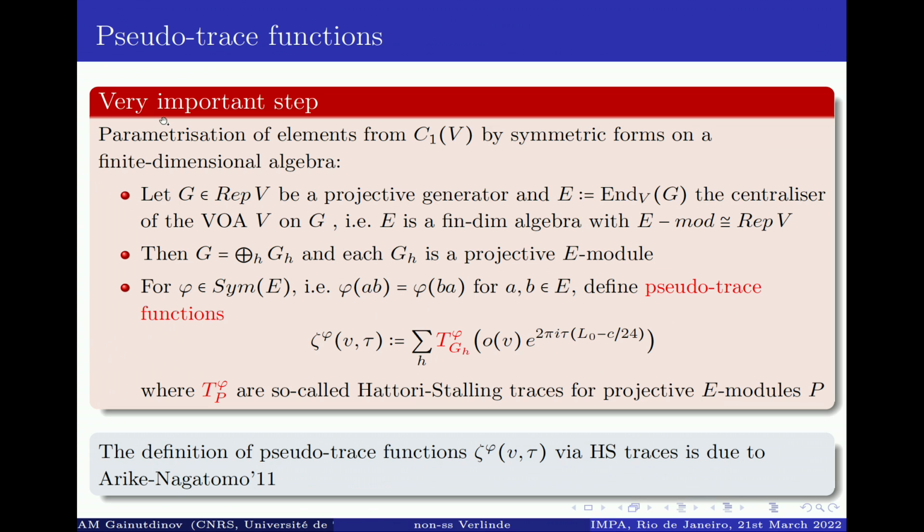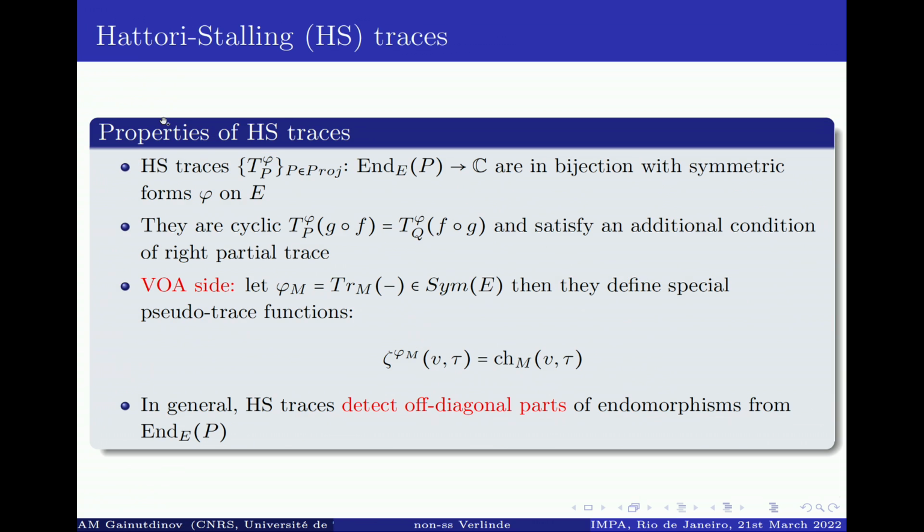So what do I do? I take this sum over my conformal grades and evaluate a certain trace. This is called the Hattori-Stallings trace. It's not the usual trace. Evaluate the Hattori-Stallings trace, which is associated to such a symmetric form phi on the G_h subspace of this particular operator.